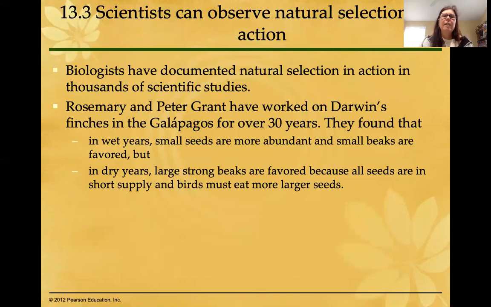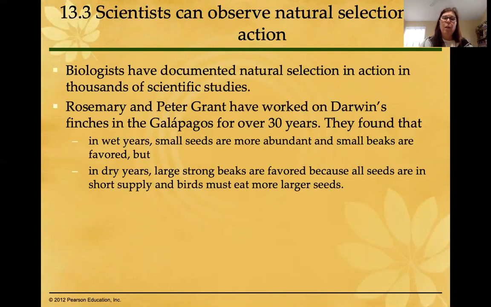So biologists have documented natural selection in action in thousands of scientific studies. Rosemary and Peter Grant are famous for their research on Darwin's finches in the Galapagos Islands, because people would say, oh, evolution is too slow for us to see in our lifetime.